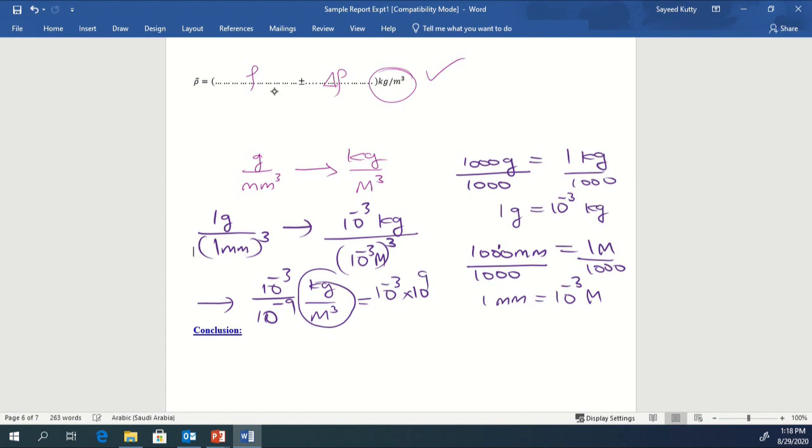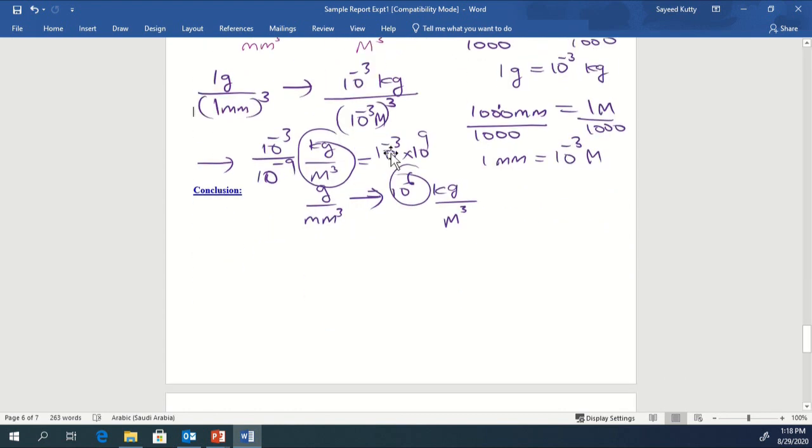Because it will be going up and the sign will change, that means 10 to the power minus 3 plus 9, that means 10 to the power 6. So in order to convert gram per millimeter cube, you just multiply by 10 to the power 6. You will get it converted into kilogram per meter cube.